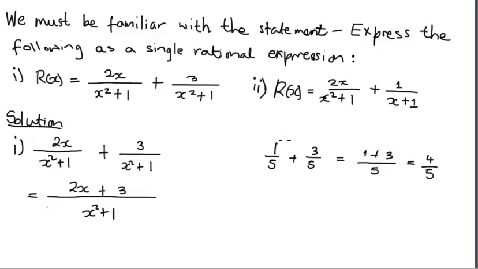Now in the second situation, whereby we've got 2x over x squared plus 1 plus 1 over x plus 1, this is just as good as having x plus y as unlike terms, and we can't just add up and get a single expression. So this second case is more challenging, and let's engage with it and see what we can do.